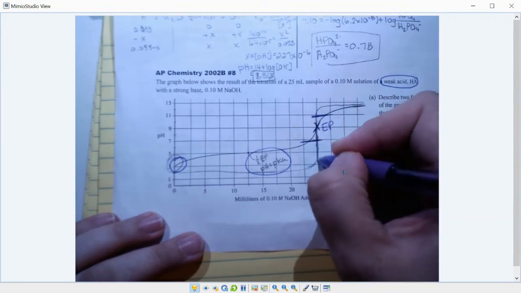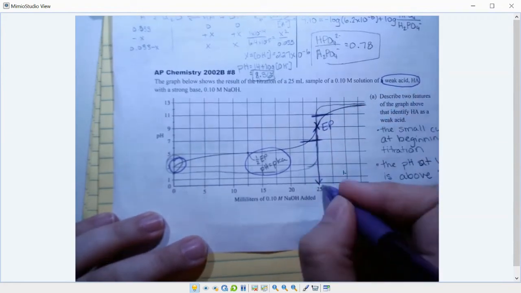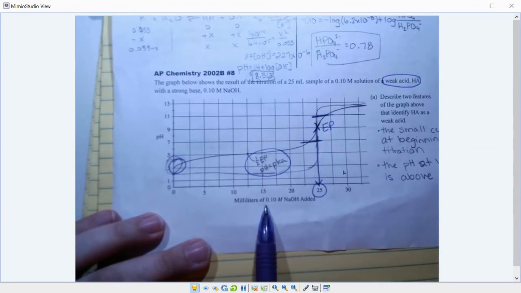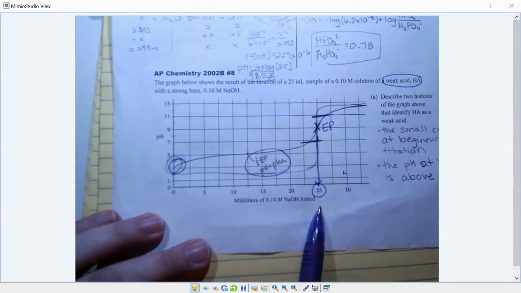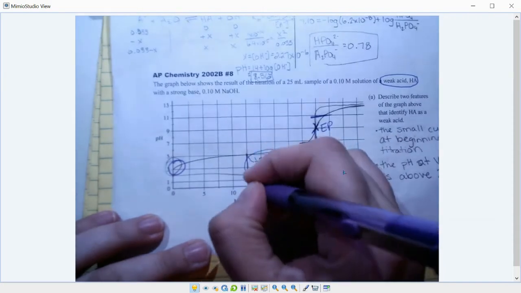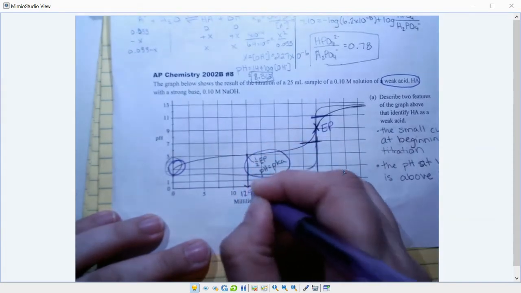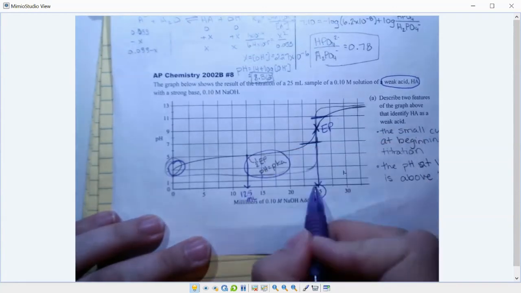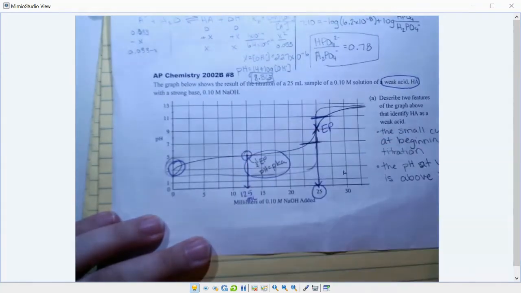If I drop that down, I find that the equivalence point happens after I add 25 milliliters of this base. Well, halfway to that volume is 12.5 milliliters, and that halfway point is called the half equivalence point.